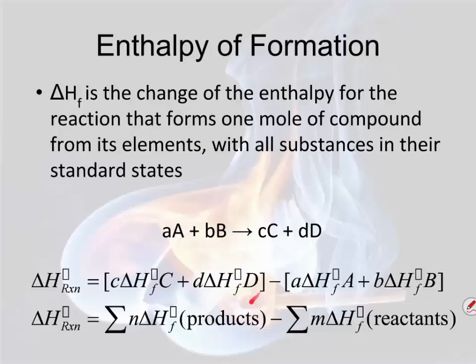We want to add those together first, so make sure you put those in parentheses, or you find that number, and then we're going to subtract it from our reactants. So the delta H of formation of substance A times its coefficient, plus the delta H of formation of substance B times its coefficient.